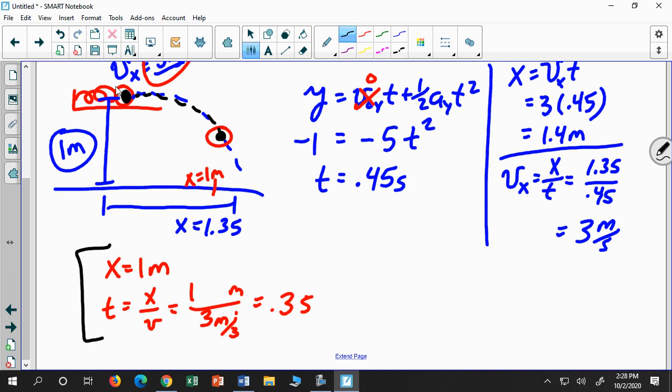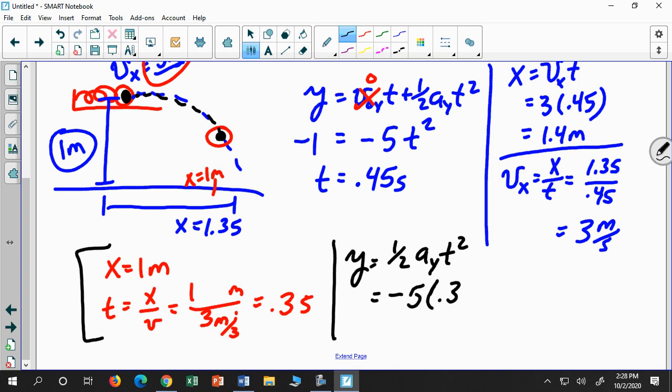And then you have to say, well, y is equal to 1/2 a_y t squared to find the y displacement. That's going to be -5 times 0.3 squared, which is -0.45.